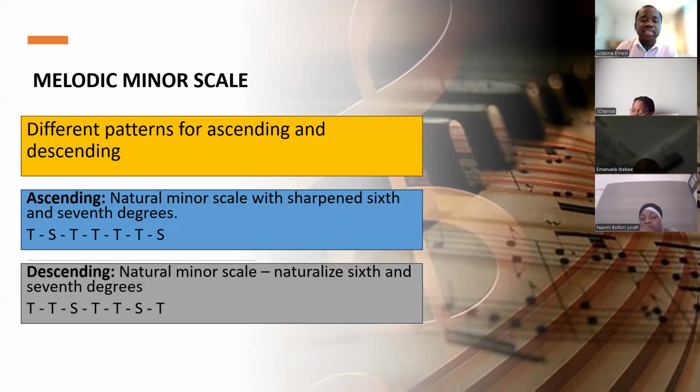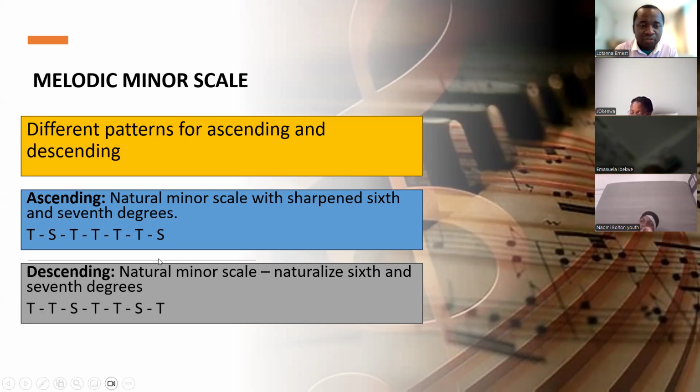But when you are descending, just go back to your natural minor. All right. So what does that mean? When you are descending, you have to naturalize the 6th and the 7th degree to show that they are now natural. So ascending, sharpen 6th and 7th degree, descending, remove the sharps and make it just natural.